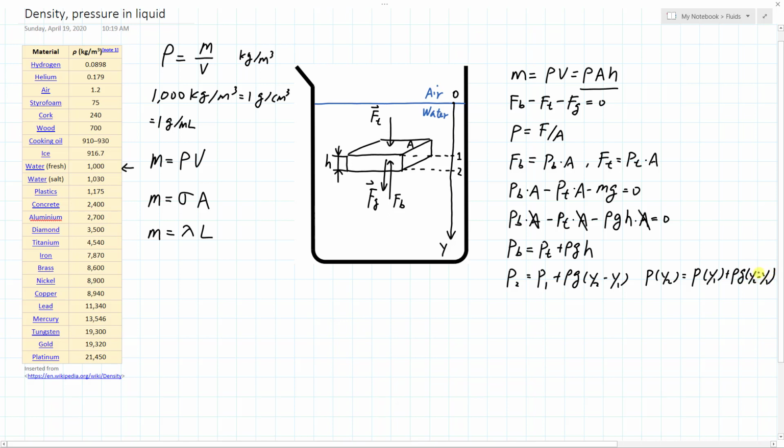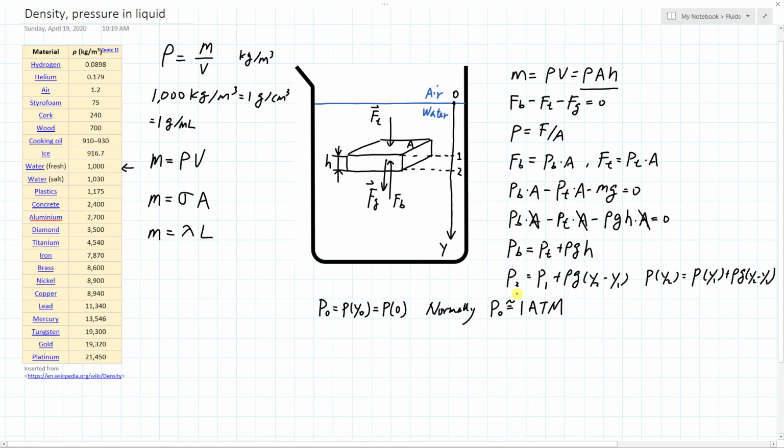Okay, so let's assume there's this pressure here, we'll have it on the left side. The pressure P0 is the pressure at y equal to 0. So that's the pressure right here at the air and water interface, so the pressure of the atmosphere. Normally, pressure at this point is just the pressure of the atmosphere, which is 1 atm.